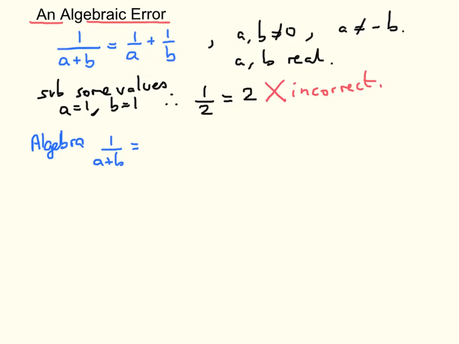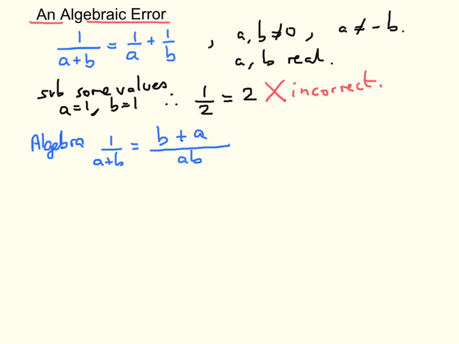So I'm going to put them on a common denominator, which is a times b. And 1 over a is b over ab. You can see that the b's would cancel. You'd have 1 over a left. And in a similar way, you have plus a over ab. The a's cancel, and this would be the 1 over b.